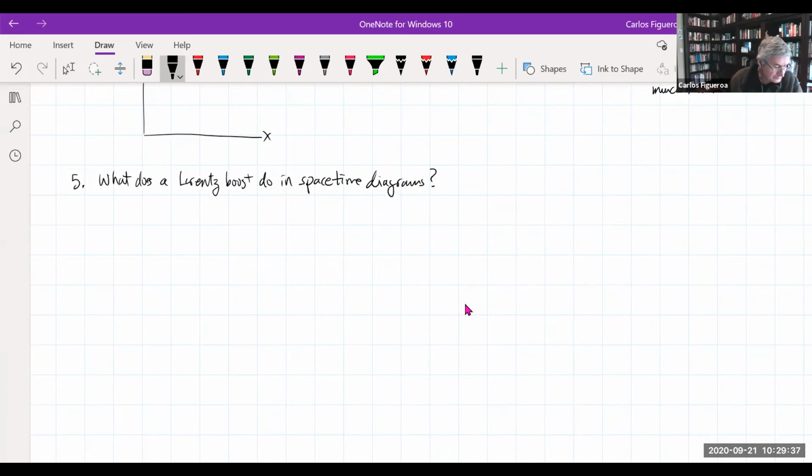So let's keep drawing pictures just to make sure that we're seeing the same thing. When I write a boost from here, we agree that what we really mean is that I write my coordinate shifts to look something like this.